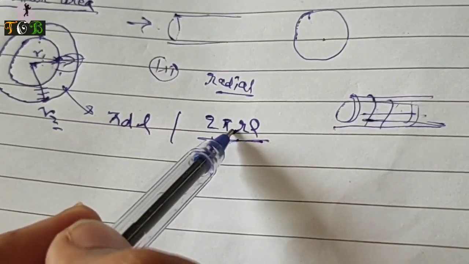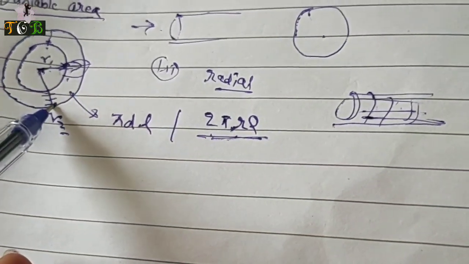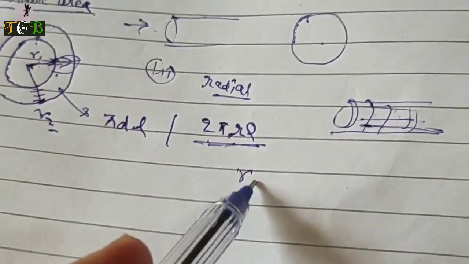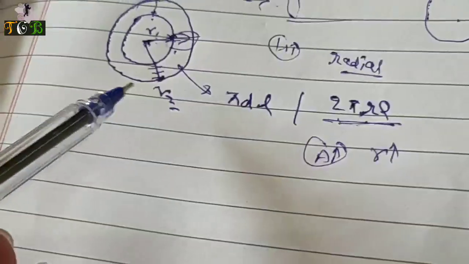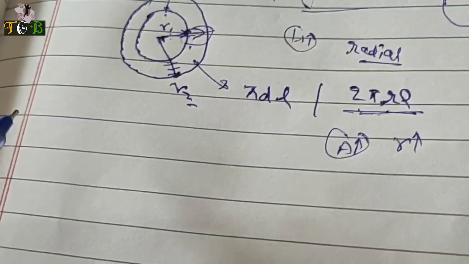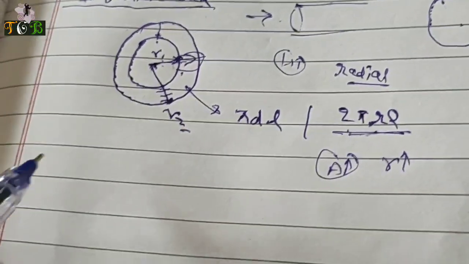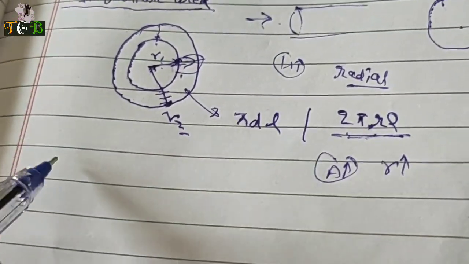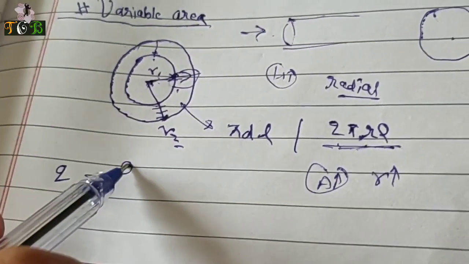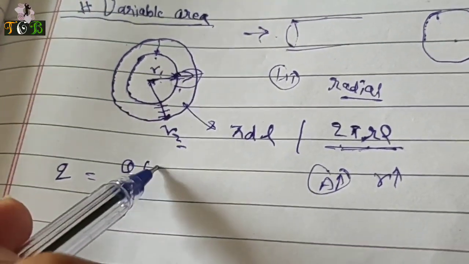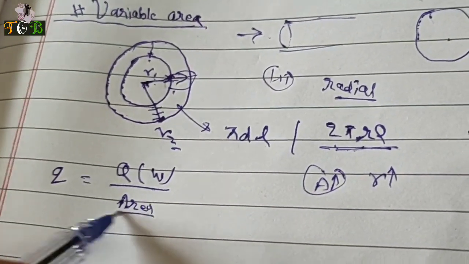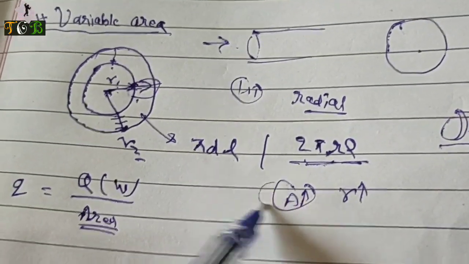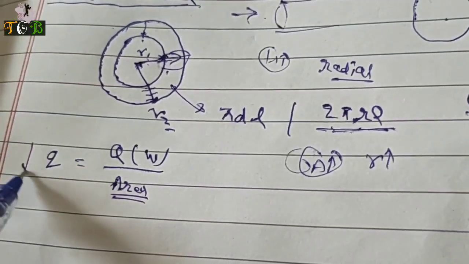So you see that when we go from here to here, the r will increase and the area will also increase, okay? So here comes one concept: what will happen to the flux? So what is flux? Flux is actually the heat transfer rate, which will be in watt, divided by area, okay? And you see the area increasing, that's why flux will decrease.